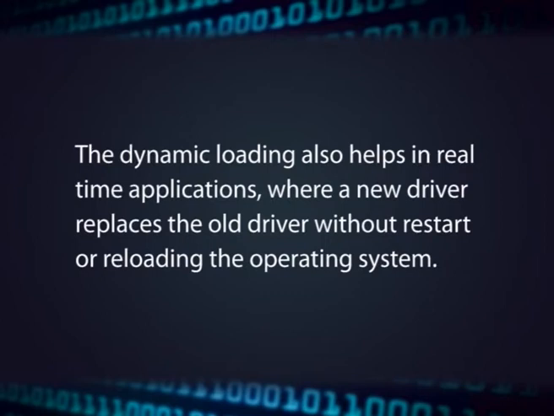This is unlike Windows, which requires the restart of the operating system whenever change takes place in any part of the operating system. The dynamic loading also helps in real-time applications, where a new driver replaces the old driver without restart or reloading the operating system.